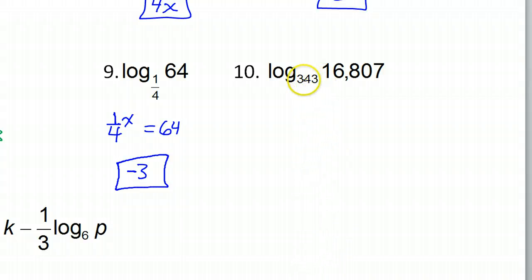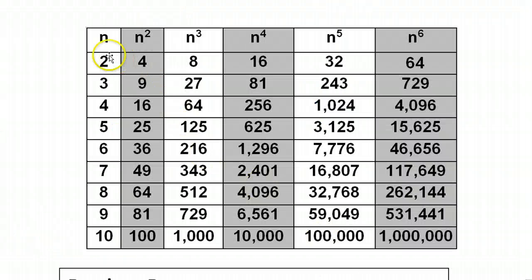Alright, this one, normally I'd say, okay, 343 to what power is equal to 16,807? But clearly, 343 is not one of my bases. It only goes up to 10.